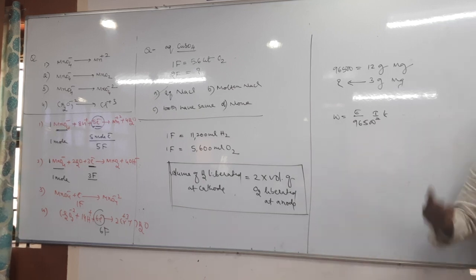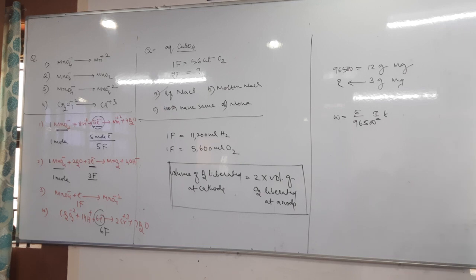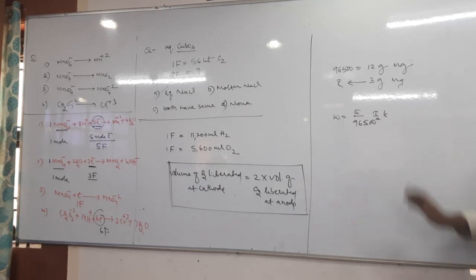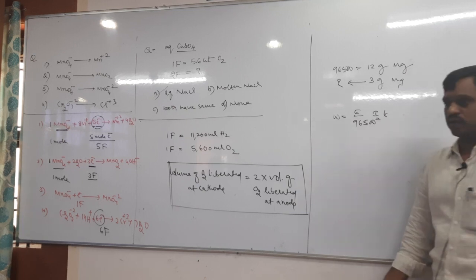We should know the equivalent weight. So what is the equivalent weight of hydrogen? Take 1. So you will get time in seconds. Calculation is not required, just write approximately.